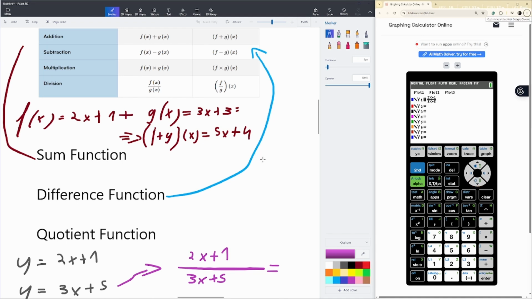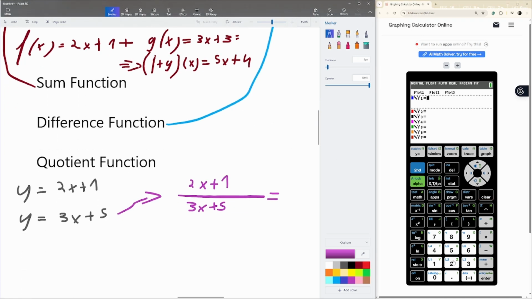And you can always do it with your calculator. So for the sake of this, I will delete this, and you know that the first y here is 2x plus 1, and the second one will be 3x plus 5.